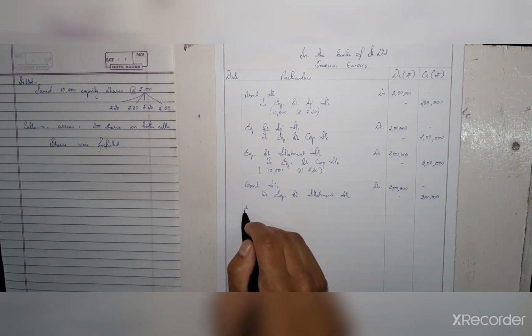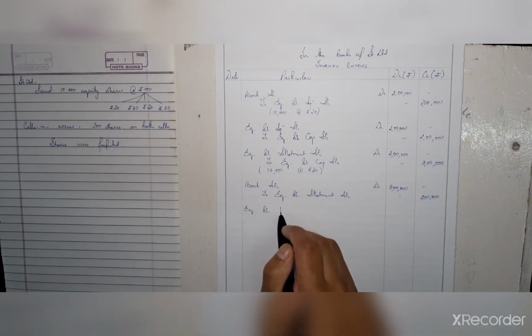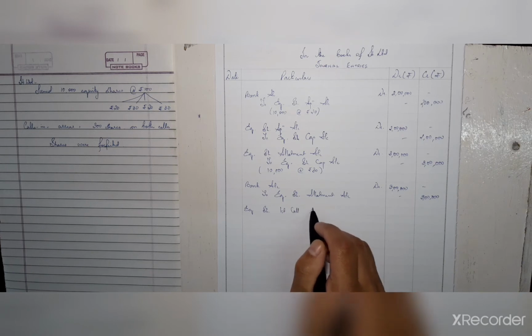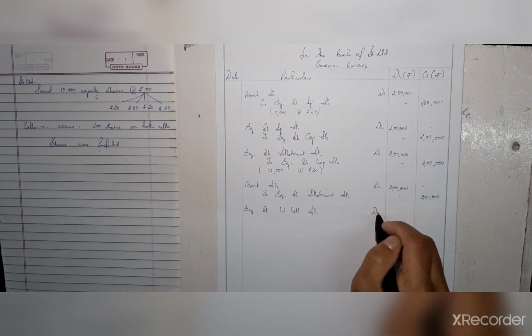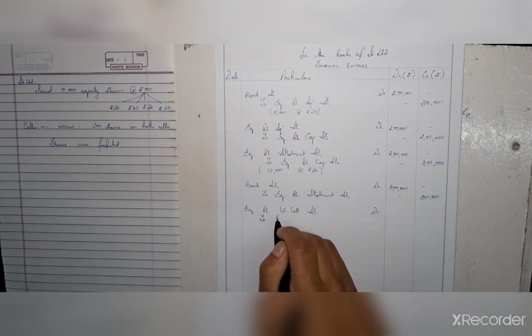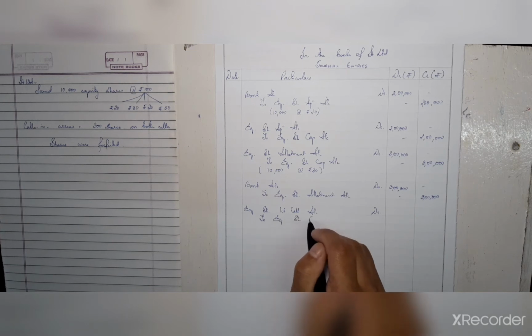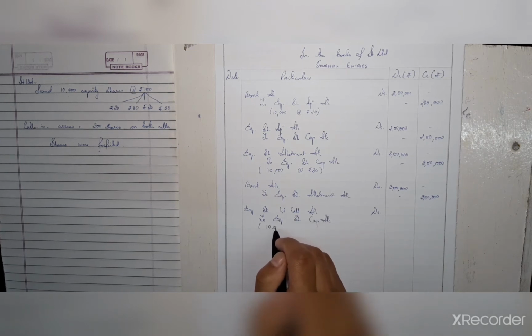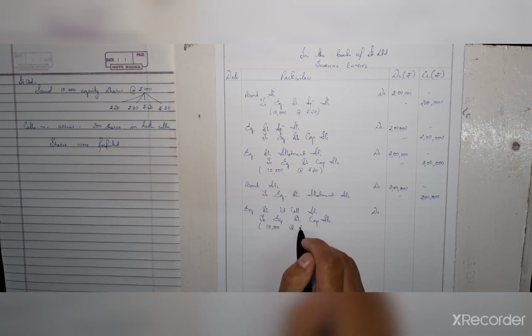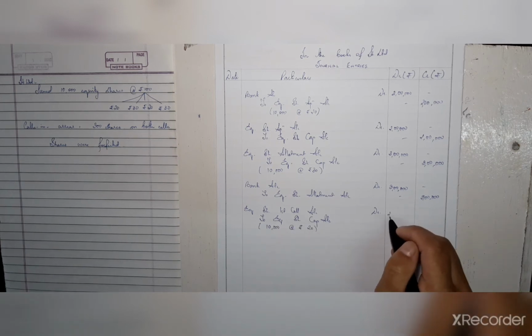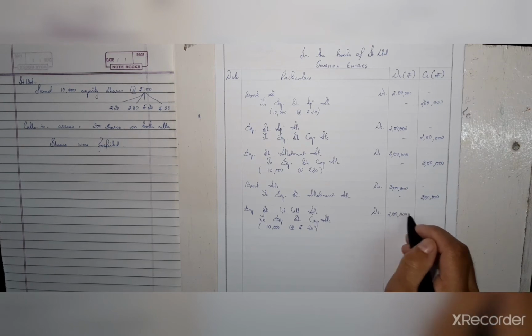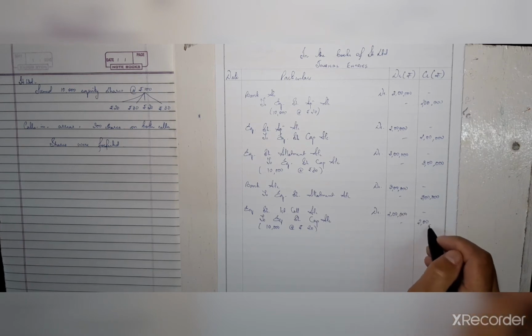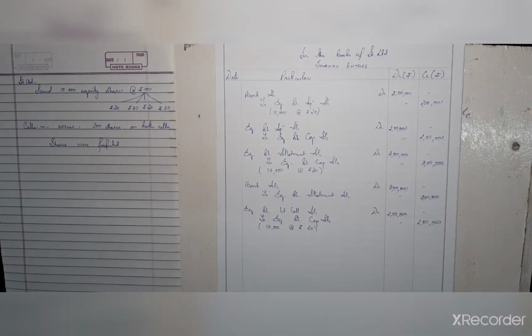So firstly, due entry: equity share first call account debited to equity share capital account. So the amount due is on 10,000 shares at the rate of rupees 20 each, which is rupees 2 lakhs. Okay, so the total amount due on share first call is rupees 2 lakhs.